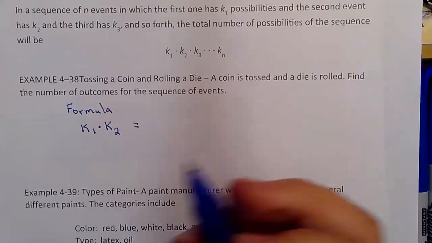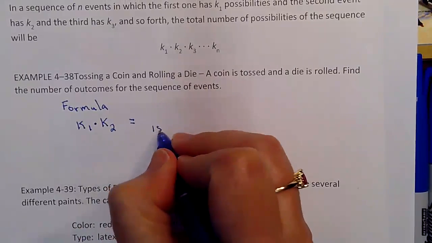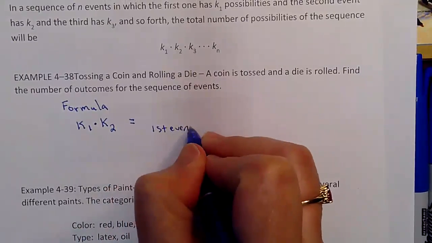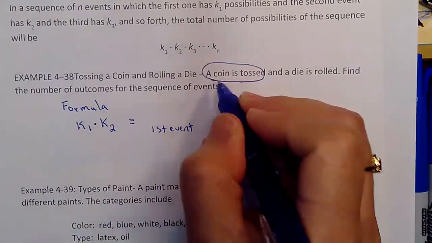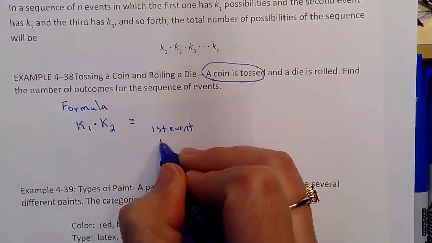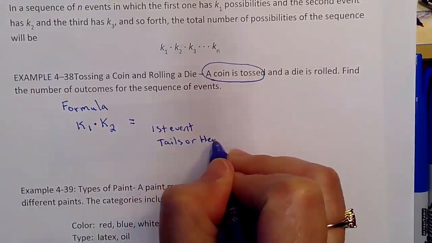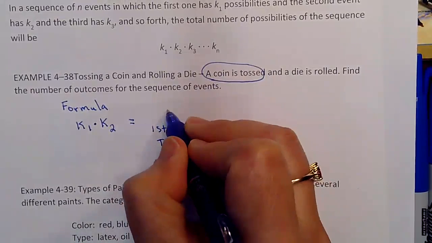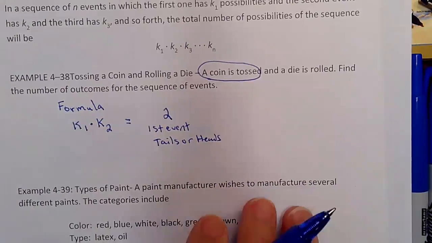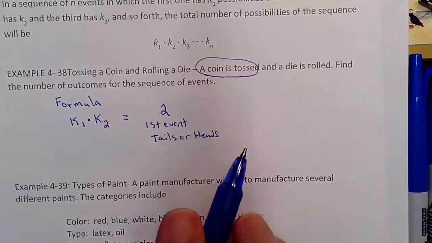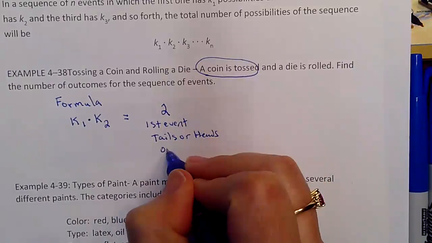When you do your substitutions, what's representing the first event is a coin being tossed. That has either tails or heads, so the number of outcomes is two. So these are outcomes.